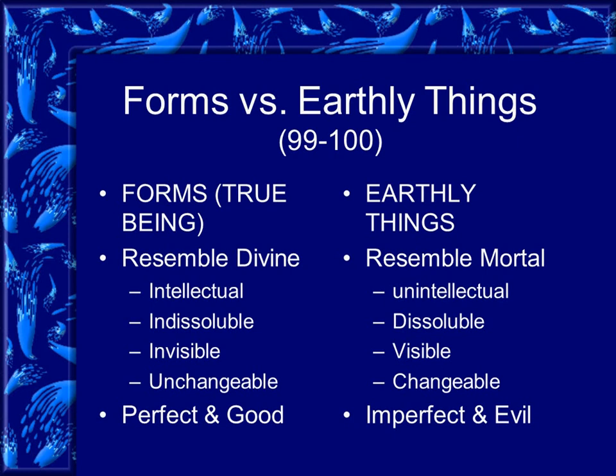So as I think I made this point before, for us, existence is an all or nothing thing. For Plato, it's a matter of degree. And things in this world exist, but to a lesser degree than the forms.